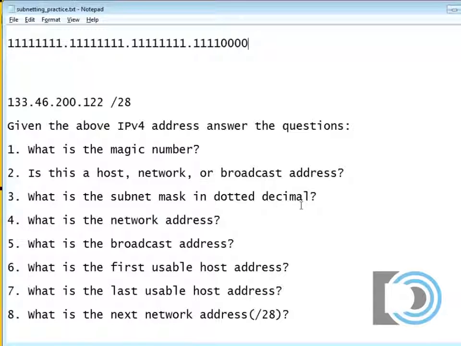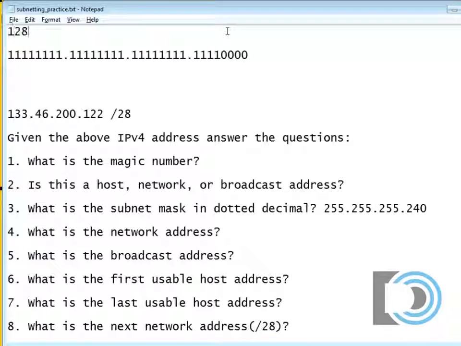I actually now can answer a quick question, which is, what is the subnet mask in dotted decimal? If I look at this and I can count in binary, I can see that this subnet mask is 255.255.255.240. Now, how do I know that? Well, this is in the 128s place, the 64s place, the 32s place, and the 16s place.